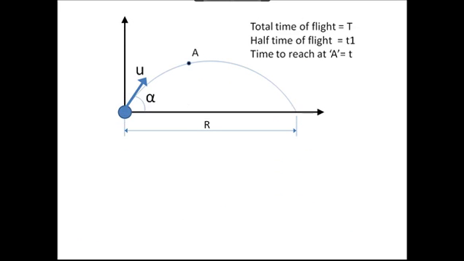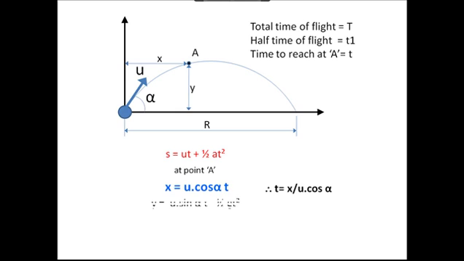Finally, let's say you have a point on the path of the projectile whose coordinates are x and y. So if I want to find x, I'll use s is equal to ut plus half a t square in the x direction. At point A, we find x is equal to u cos alpha t, if t is the time it takes to reach point A. And similarly, for y, again using s is equal to ut plus half a t square, you have y is equal to u sin alpha t minus half g t square.